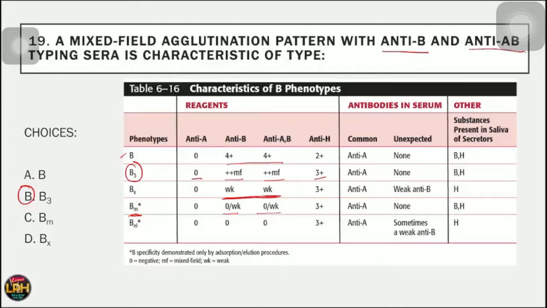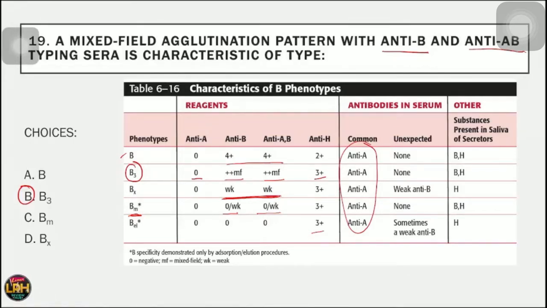And for B sub L or EL, we observe no agglutination with anti-A, anti-B, and anti-AB, but with a positive reaction with anti-H. So we have to understand also the antibodies present in their serum, all of which contain anti-A antibodies in their plasma.